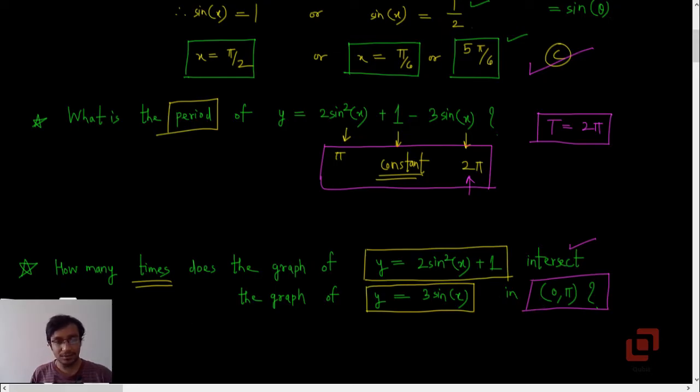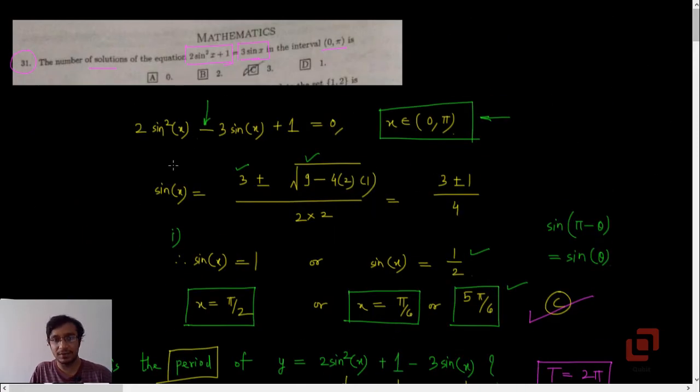Now this is the other way of asking what are the roots of the equation 2 sine squared x plus 1 equal to 3 sine x in 0 to pi. Because when the graphs of these two functions meet each other, they share the same y coordinate. That means if you subtract one from the other, then you are getting 0, and that's the same thing that we have done here.